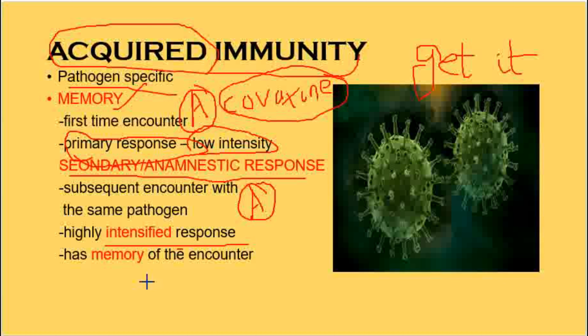It has a memory of the encounter. Like you have a memory of things, in the same way your immune system also has a memory of this particular encounter of type A bacteria. So when it comes for the second time into your body, the response is high. That response is known as a secondary or anamnestic response.